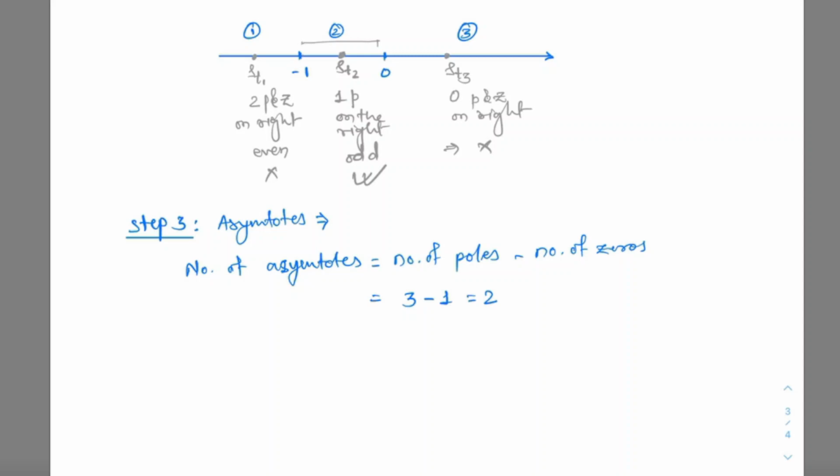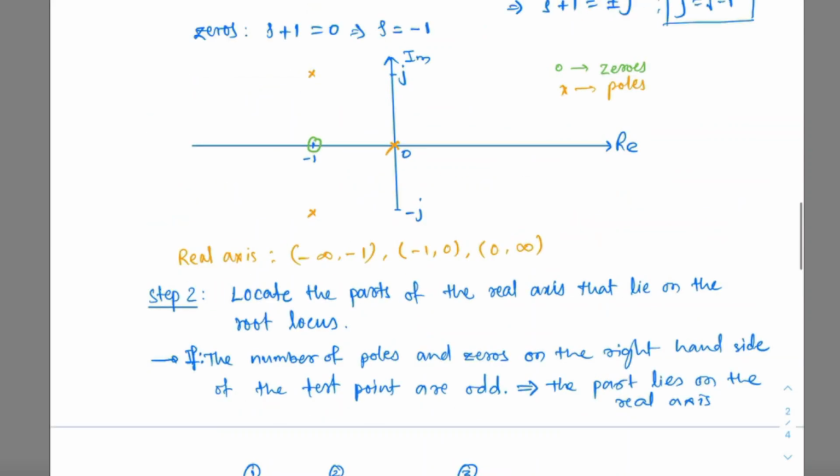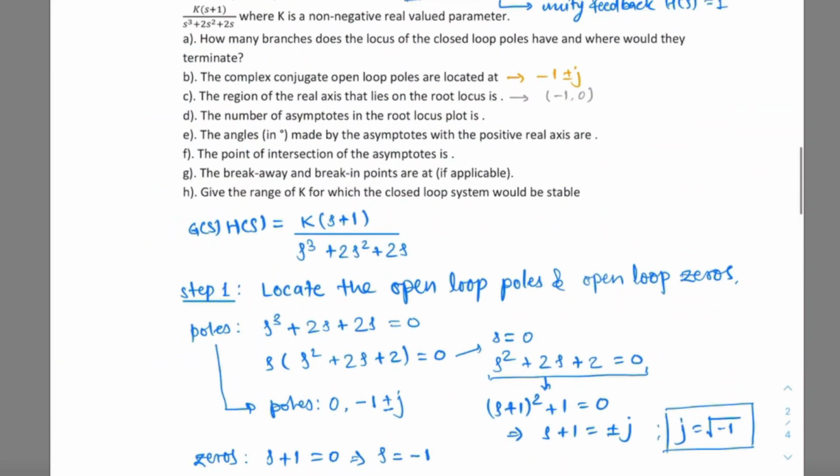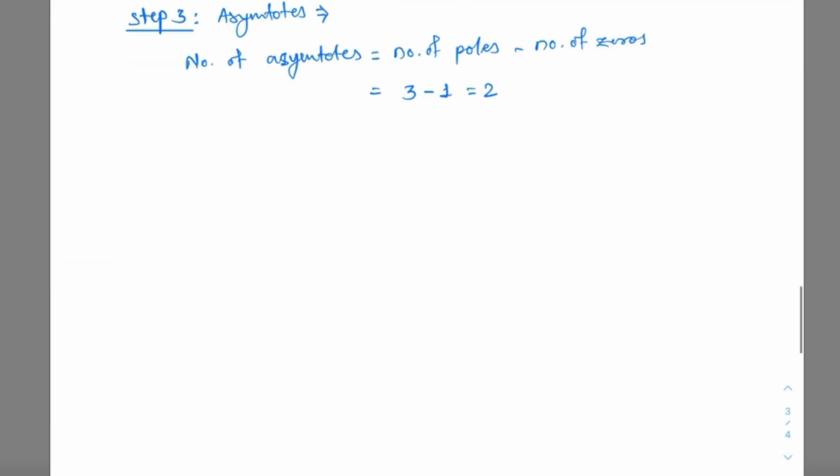So the total number of asymptotes in this case would be 2. So the number of asymptotes in the root locus plot is 2. Now let us check the angle made by the asymptotes.